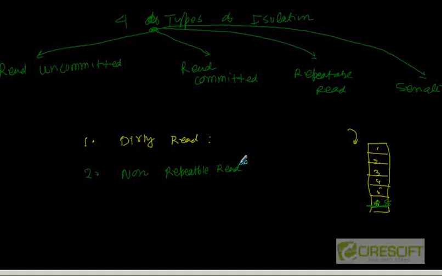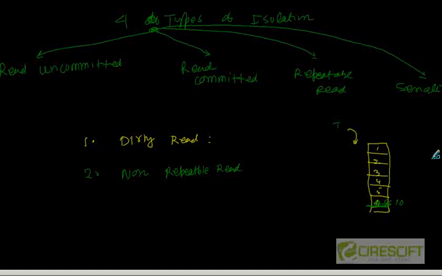In the case of non-repeatable read, same example, we have a table T which has multiple rows, and let's say somebody has gone and updated this value from 8 to 10, and maybe he has committed. When this query started, the value was 8, but as the query progresses, somebody might have come in the meantime and updated it. So if we read that, it is not repeatable, because if I run this same query again after some time, I may get different values.